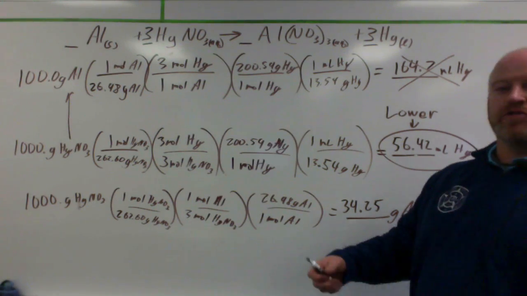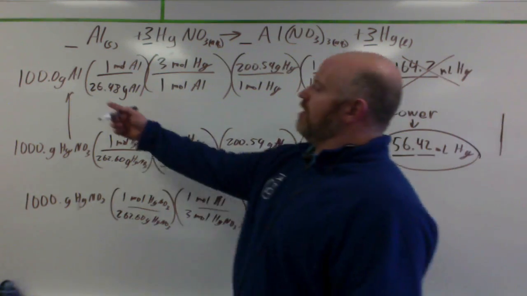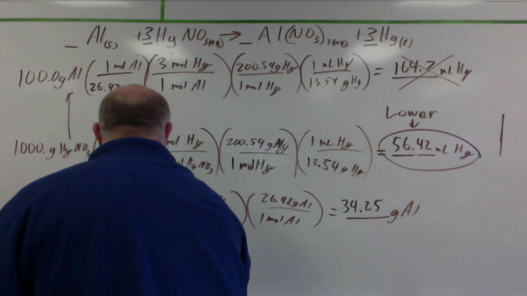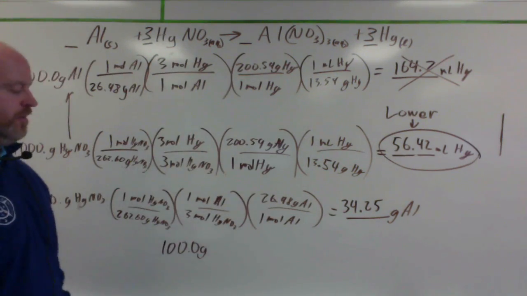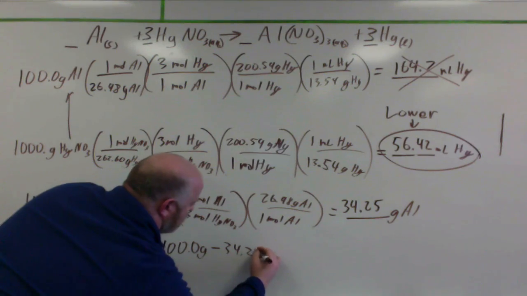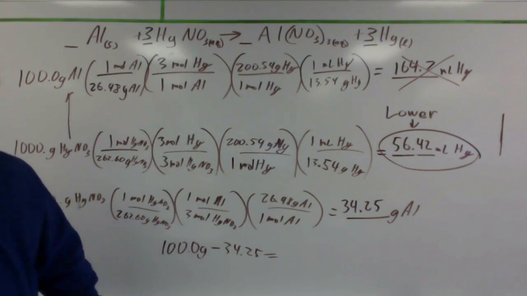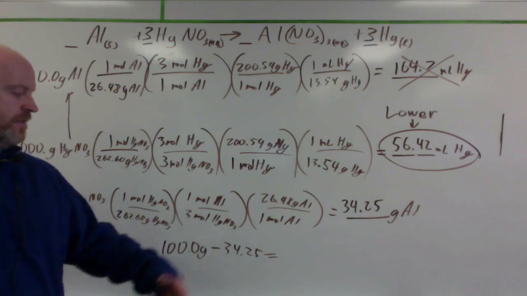Okay? So how much aluminum was left over, or how much aluminum was wasted? Well, now we used 100. We should have used 34.25. So to figure out how much was wasted, or how much leftover aluminum we have, we just subtract the two.